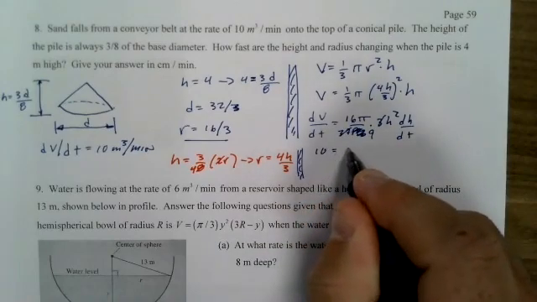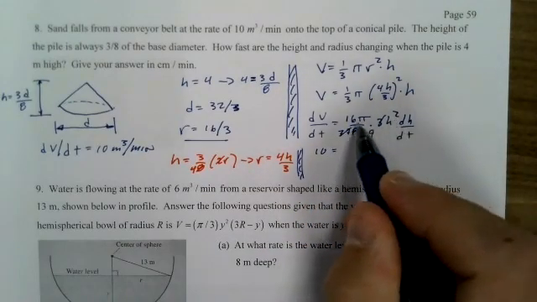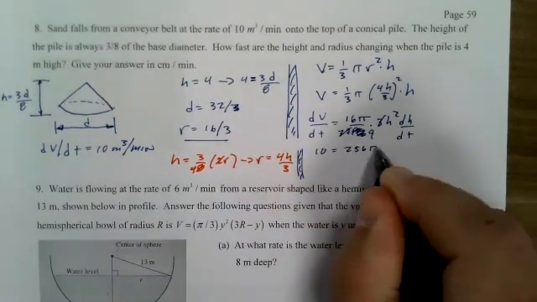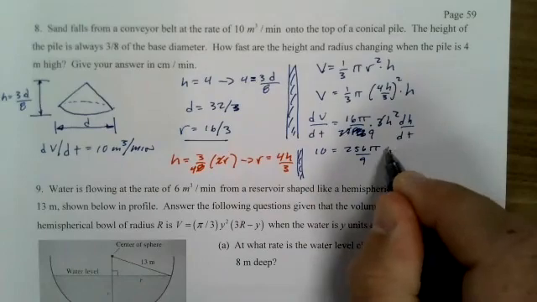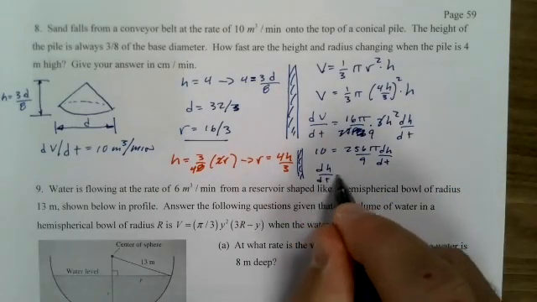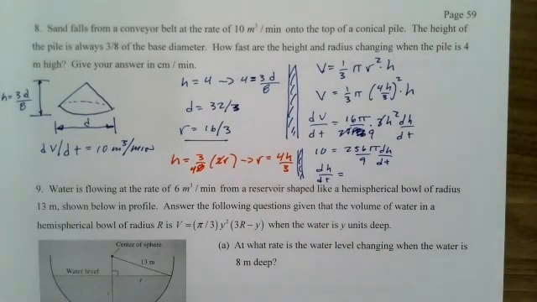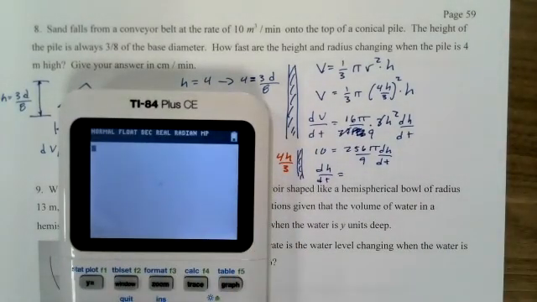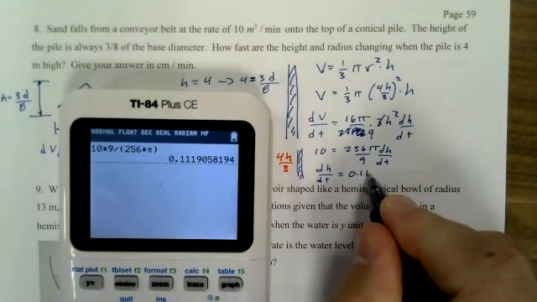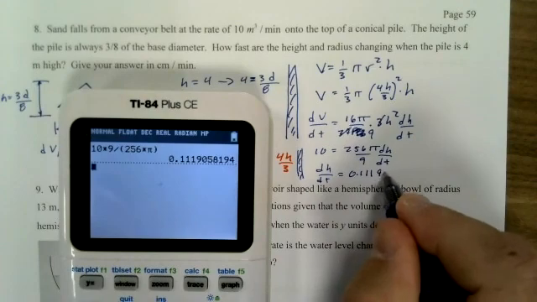10 equals 4 squared is 16 times 16, 256 pi over 9 dh/dt. dh/dt equals 10 times 9 divided by 256 times pi. 0.1110906.